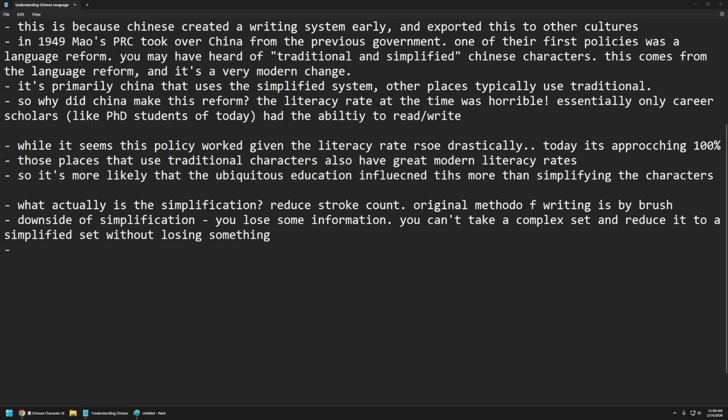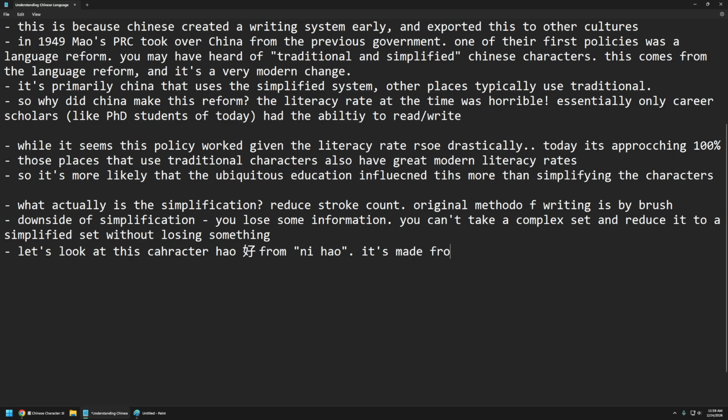So let's look at this character, hao. This is the one we just saw from ni hao. So hopefully you know that one. You may notice that it looks like two different pieces squished together, this character, and that's because it is.